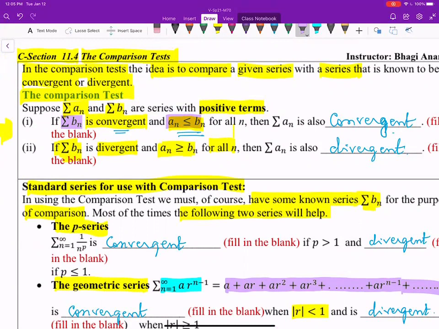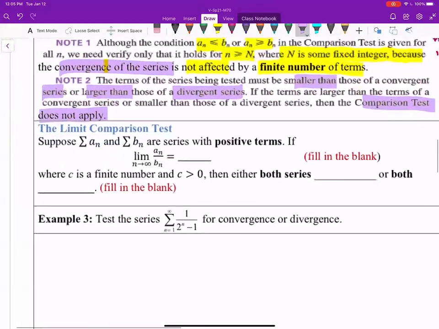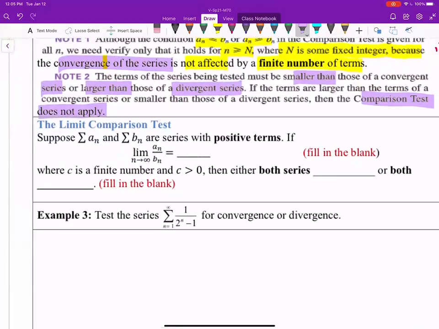So if you're saying convergence, you have to go with only the first condition. If you're going with divergence, you have to establish both results: sigma bn is divergent, and also that the nth term of an is more than or equal to the nth term of bn. So you have to be careful when doing these problems with the direct comparison test.